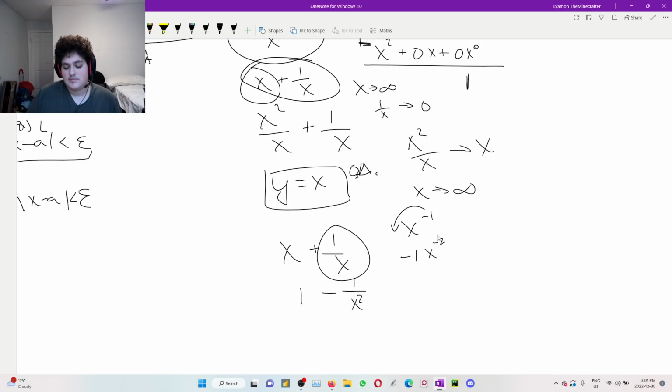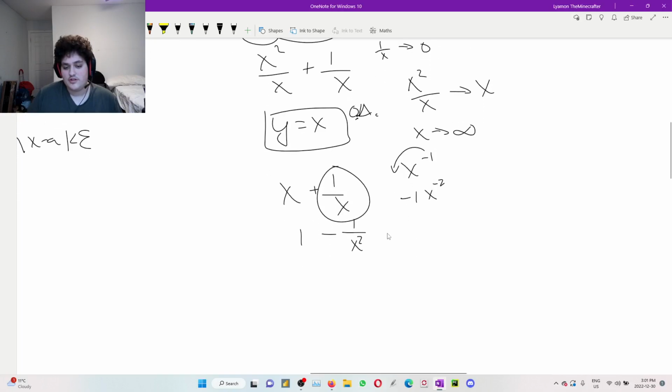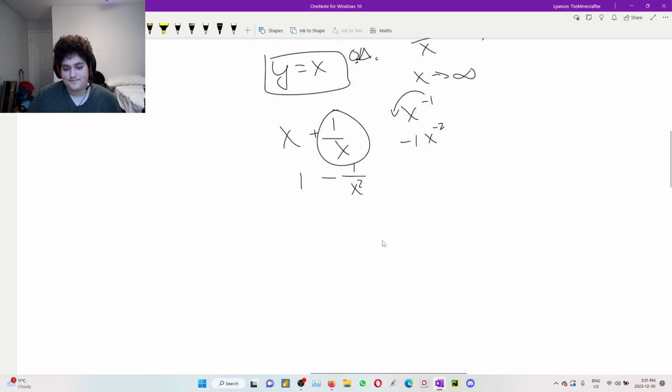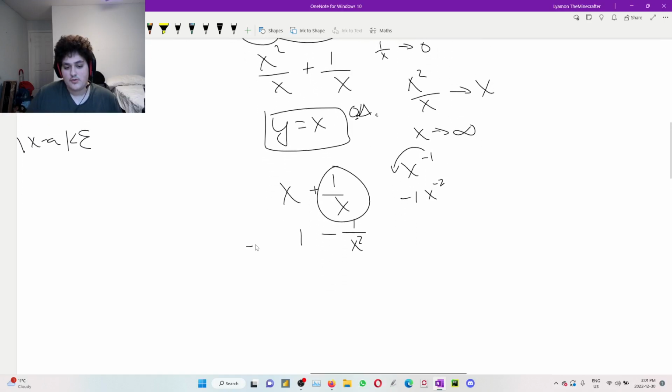This decreases by 1, this is just 1 over x squared, so you get minus 1 over x squared. This is our first derivative. And our second derivative, the 1 becomes 0, right? This should just be 2 over x cubed.